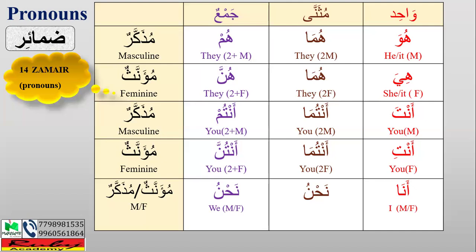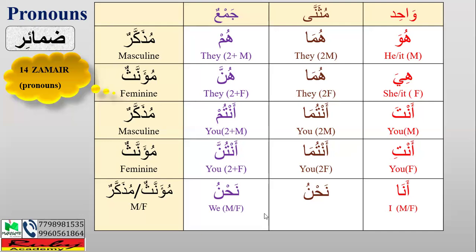So here you can see again: huwa, huma, hum, hiya, huma, hunna, anta, antuma, antum, anti, antuma, antunna, ana, nahnu.